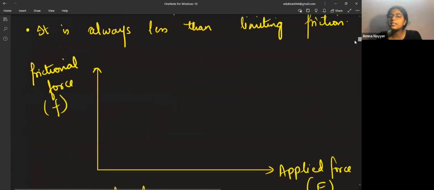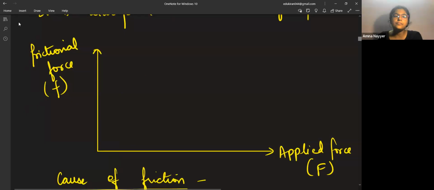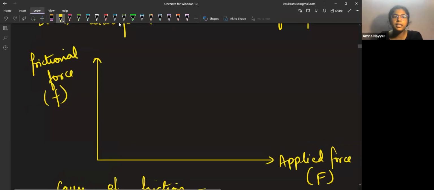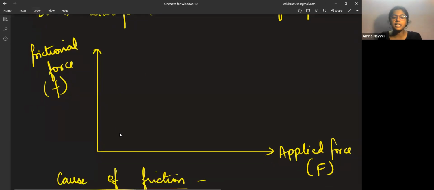So let's revise it graphically. Frictional force is on the y-axis, and on the x-axis you have the applied force. When you increase the applied force, the frictional force also increases.